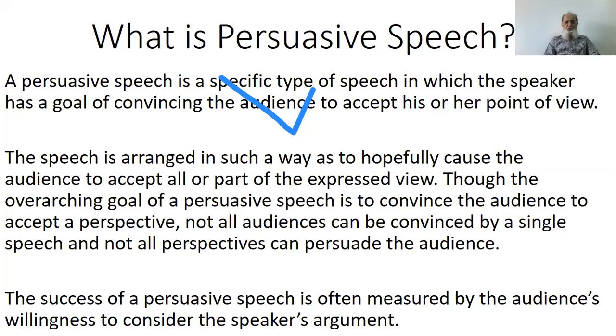Though the overarching goal of a persuasive speech is to convince the audience to accept a perspective, not all audiences can be convinced by a single speech, and not all perspectives can persuade the audience.